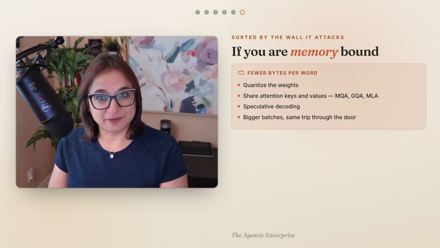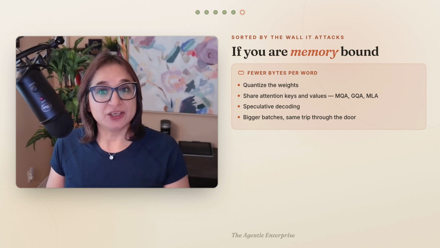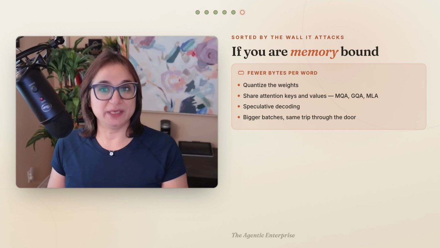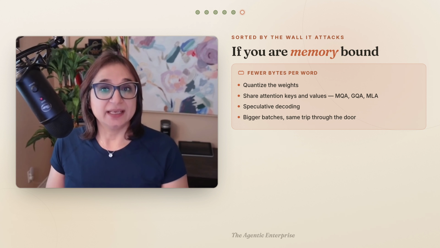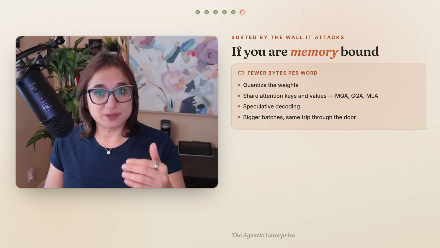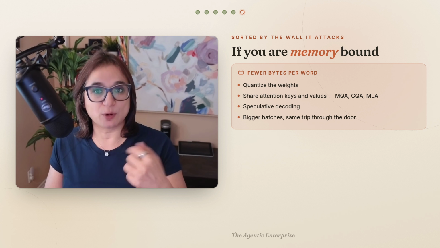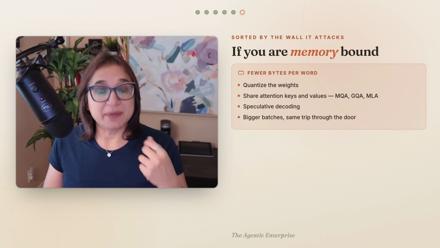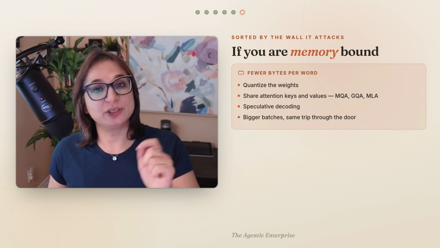So, quantizing the weights, that is making each number smaller so there is less to carry. Sharing attention keys and values between heads, and that goes by MQA and GQA and MLA. Speculative decoding, where a small fast model guesses several words ahead and the big one checks them all in one pass. And bigger batches, because you are paying for the trip through that door anyway, so you may as well serve more people with it.